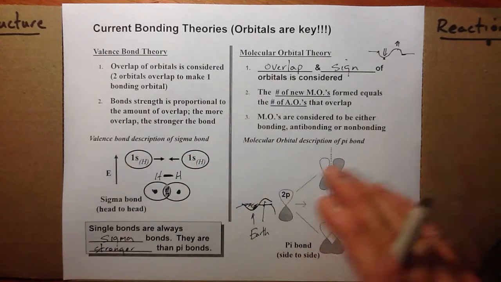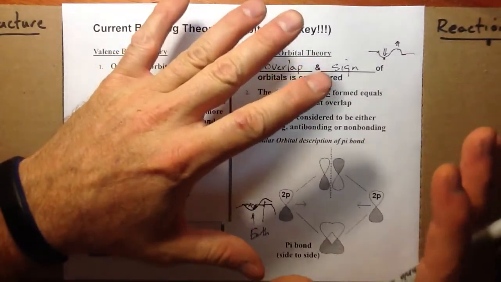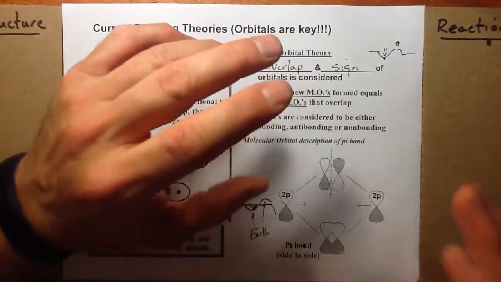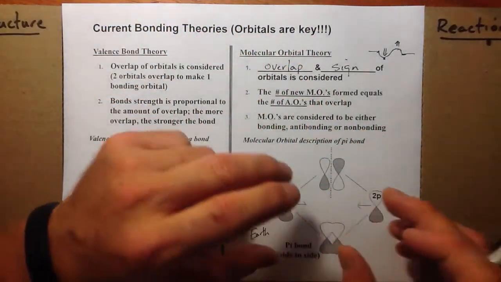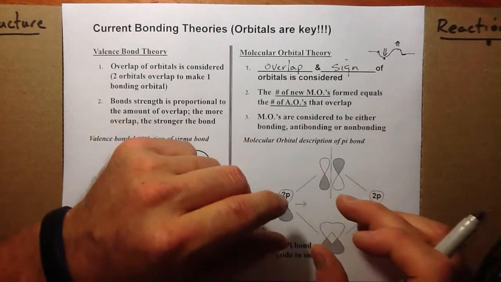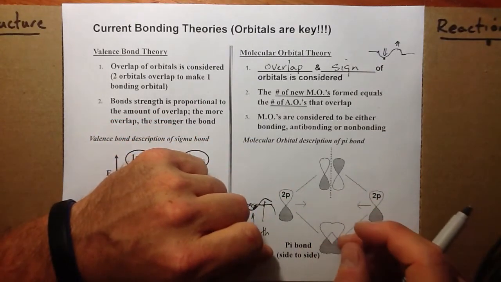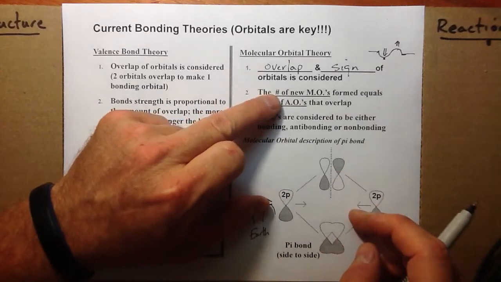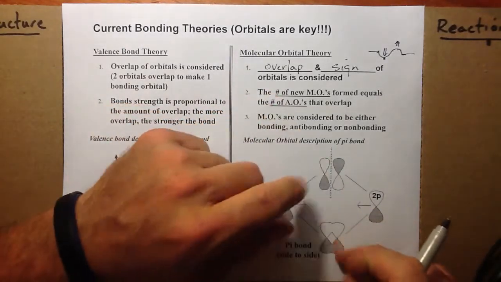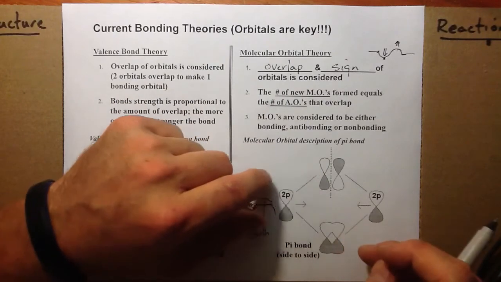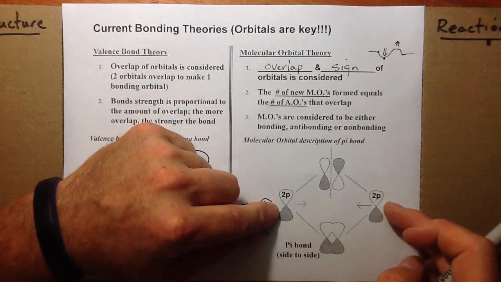So let's stop with our discussion of molecular orbital theory just to say this. Molecular orbital theory looks at both the amount of overlap when two orbitals are brought together, but it also considers sign. And the number in is always equal to the number out. The number of new molecular orbitals, which we have here, is always equal to the number of atomic orbitals that came in to interact.